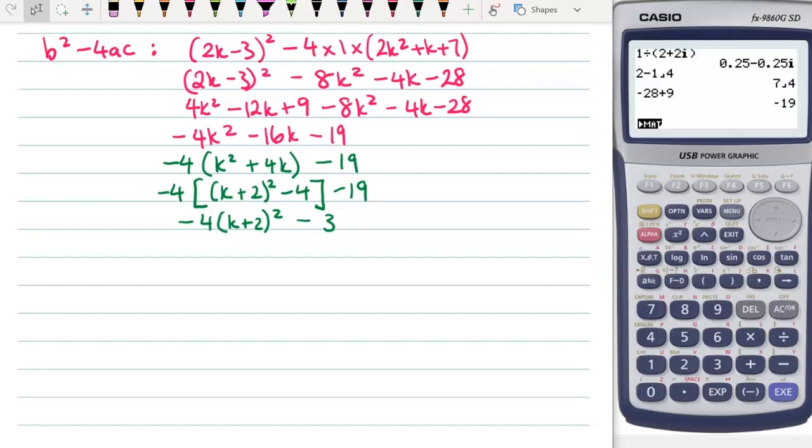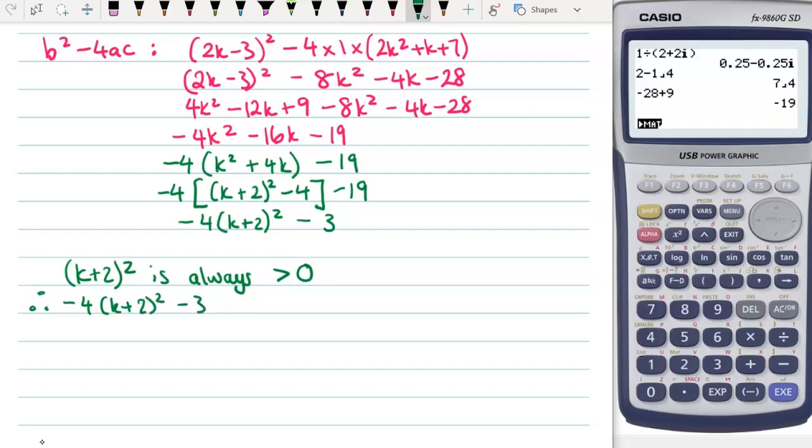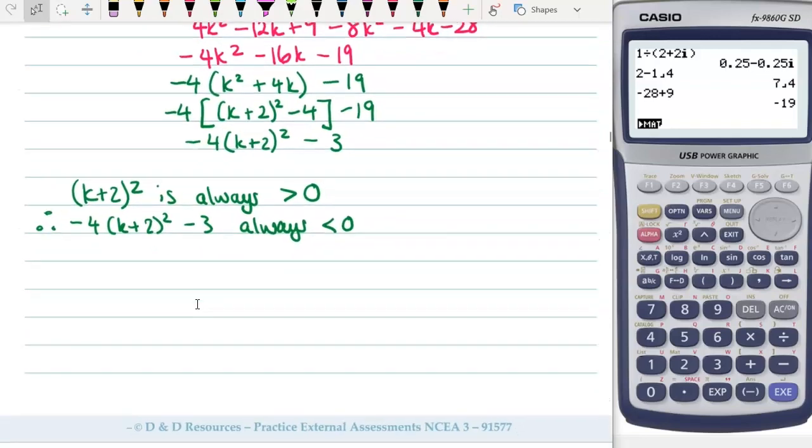And then we explain it. So k plus 2 squared is always positive because it got squared. Therefore, minus 4 times k plus 2 squared, minus 3, will always be negative, because the positive was times by a negative, that turns it into a negative, and then the subtraction is only going to make it more negative.